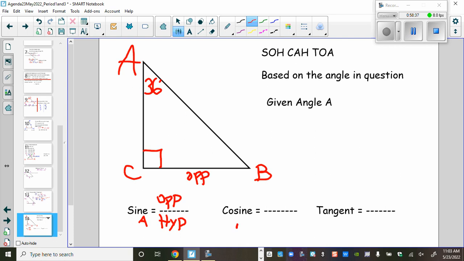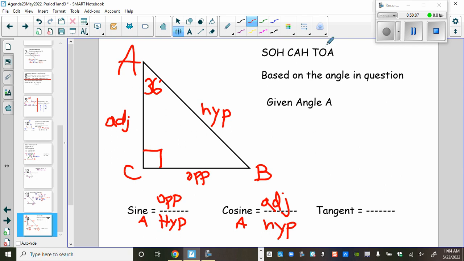Cosine, if it's angle A, then you have to worry about adjacent and the hypotenuse.